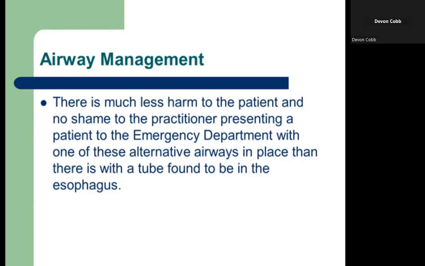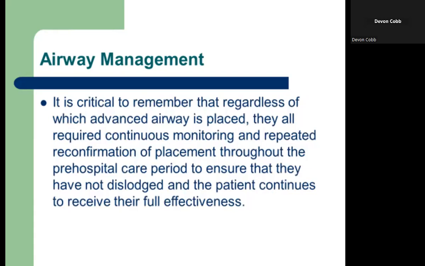So the thing we also have to remember is that regardless of what airway you got in there, you have to go back and check on it. Regardless of what airway you got, it requires continuous monitoring and repeated reconfirmation. We said last week the 3 pillars of airway management is what? Early detection of problems, aggressive management, and then constant reassessment. What does that mean?